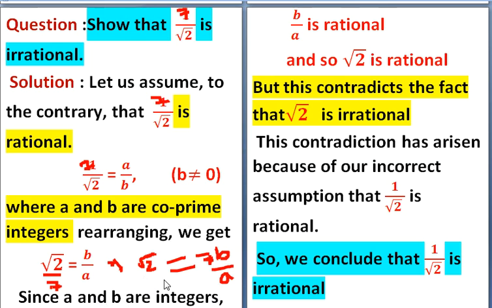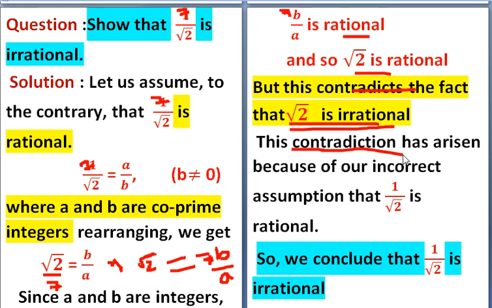Here 7b and a are integers, so 7b by a will be rational, and if 7b by a is rational, then root 2 is rational. This contradicts the fact that root 2 is irrational, because you know that earlier root 2 is irrational.